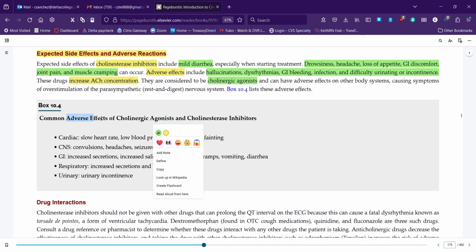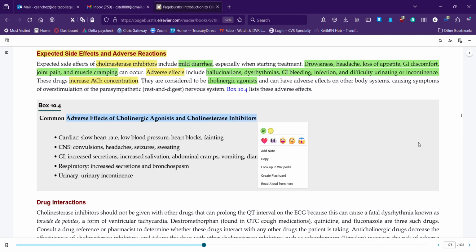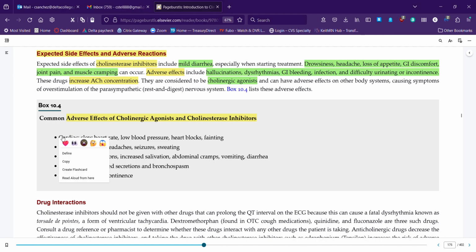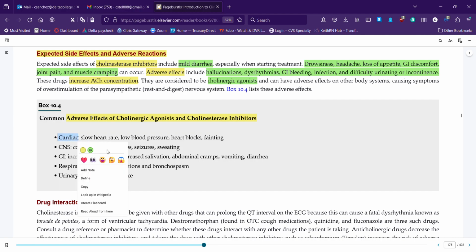So again, these are some common adverse effects of the cholinergic agonists and your cholinesterase inhibitors. So, cardiac can cause a slow heart rate, low blood pressure, heart block, and fainting. All right.